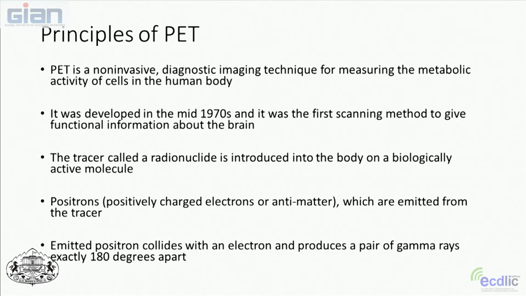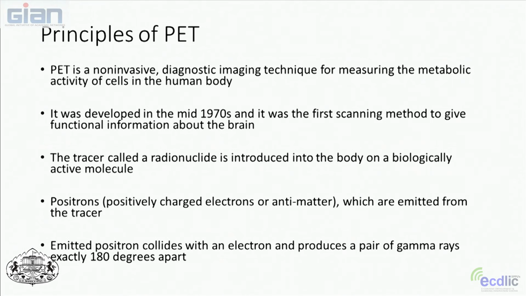So when we want to study children or different things with PET, we have trouble doing that because of this injection of the radioactivity. It was developed in the mid-70s, and it was the first scanning method to give functional information about the brain, other than EEG, really localized to an image map.